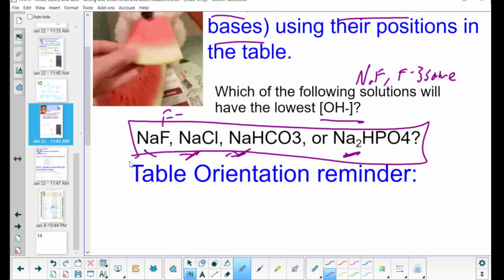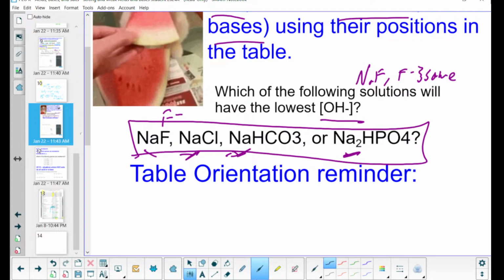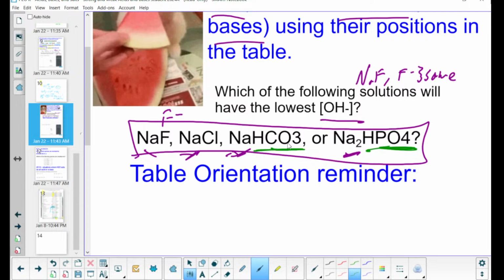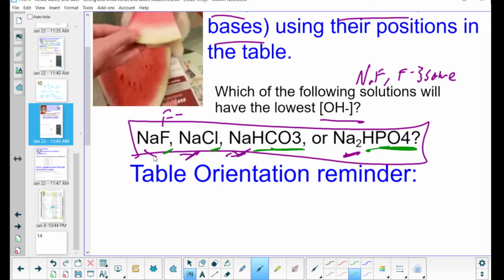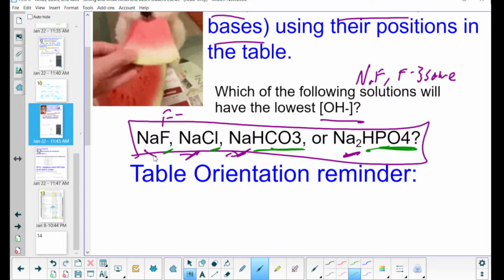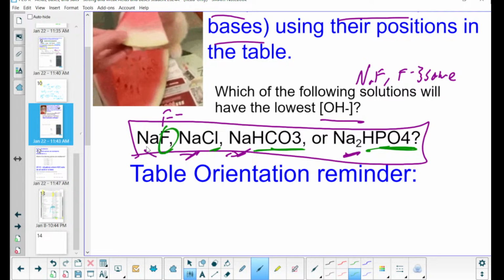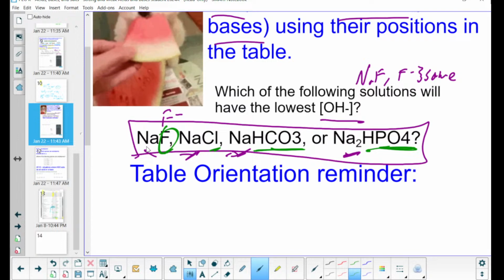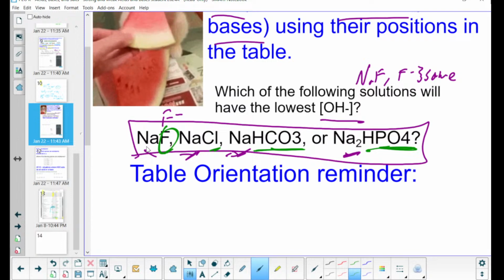Before you do that, by the way, this one should be easy. Which one of these is the weakest base? HPO4 minus, HCO3, Cl minus, or F minus? It's pretty weak, but not the weakest. Is there any one that's higher up than F minus?